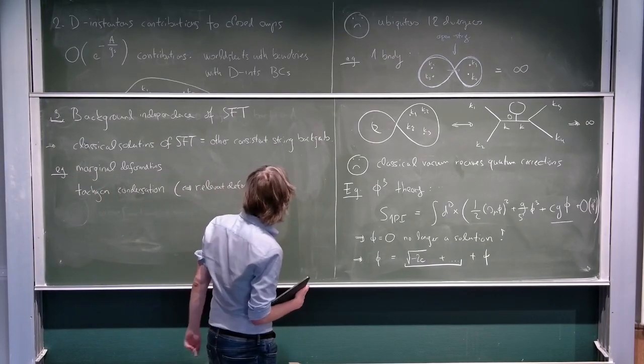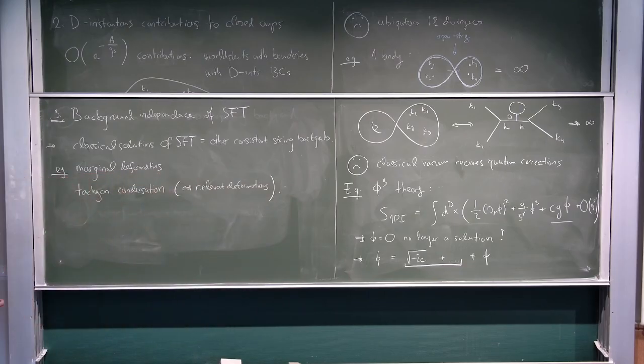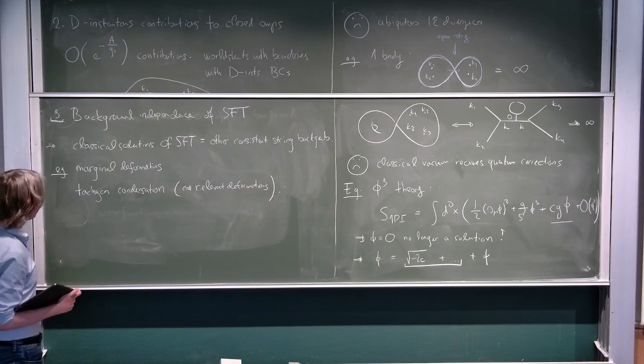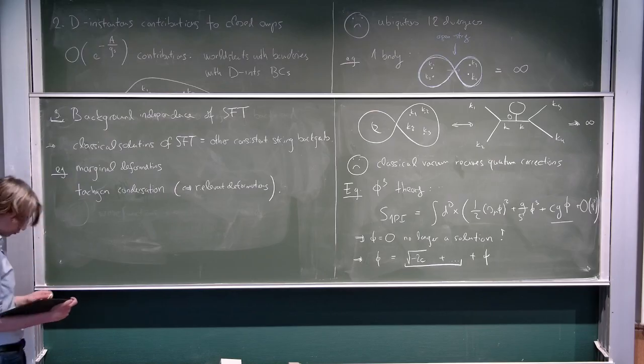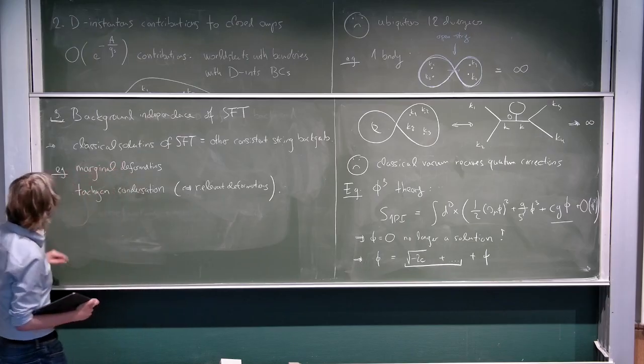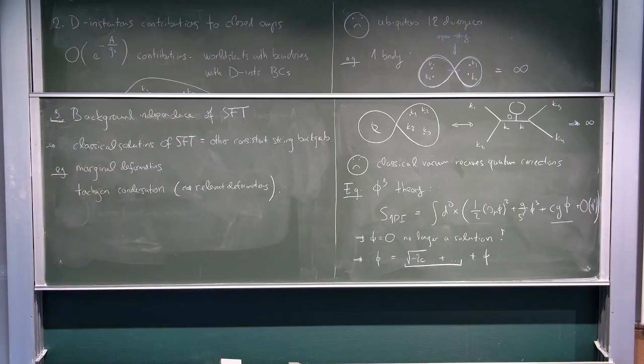So whenever I construct a string background which has a tachyon in its spectrum, that should be thought of as being a sign of that background being unstable, right? So then you can ask, what happens if I introduce a small perturbation in this unstable direction? I mean, what is the endpoint of the flow which I trigger in this way? String field theory is precisely well suited for addressing that question.